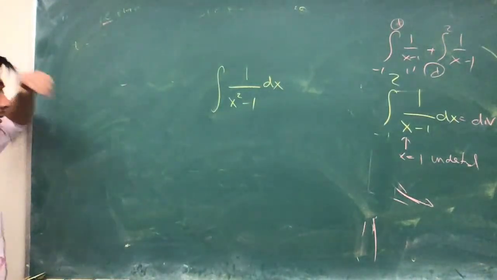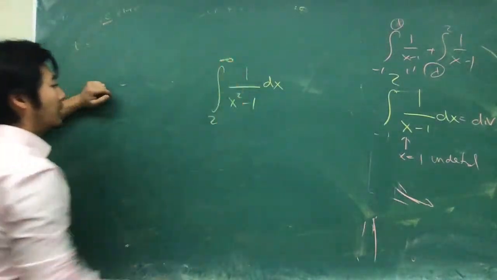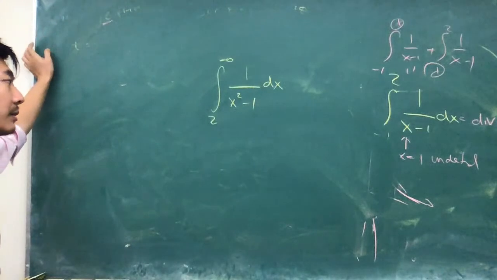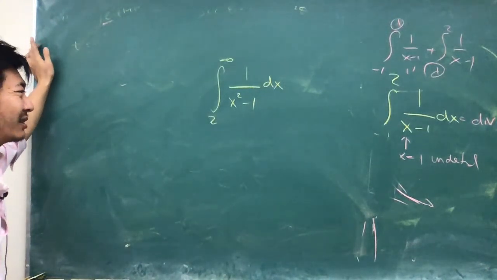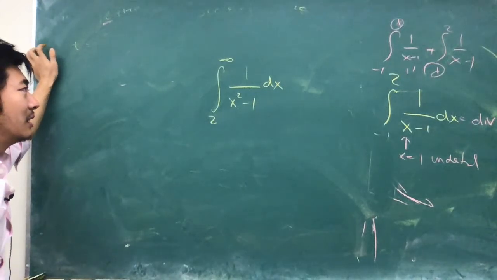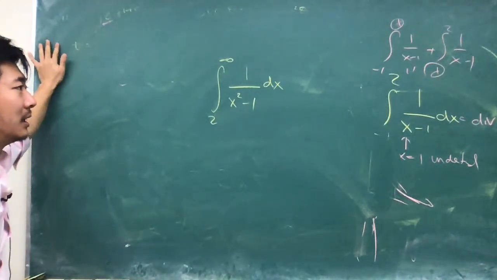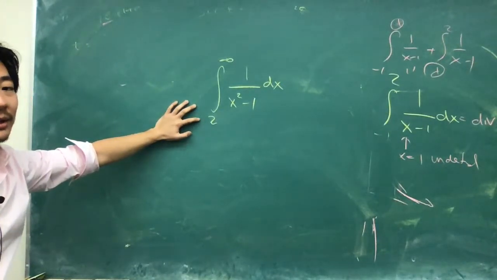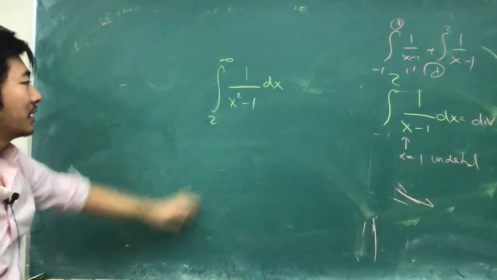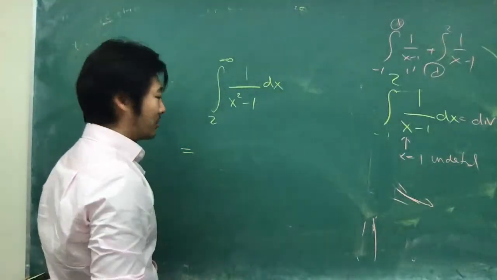This one from 2 to infinity. This one you can use trig sub, probably sine. But actually, if you do that, changing the bounds for 2 and infinity is going to be a little bit tricky. So let's actually not do that. So never mind. Let's do it the old school way.